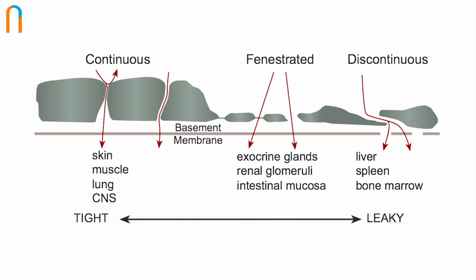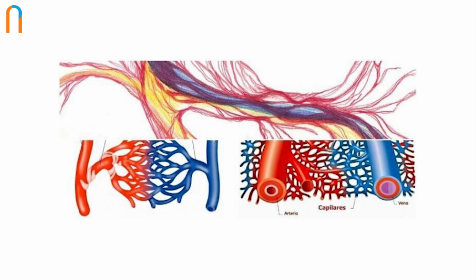Brain capillaries appear to be very tight, with few pores, whereas capillaries in the kidneys and fluid-producing glands are much more leaky. On the average, however, pores constitute only a very small fraction of total capillary surface area, perhaps 0.01%.